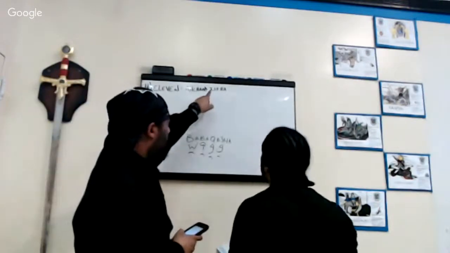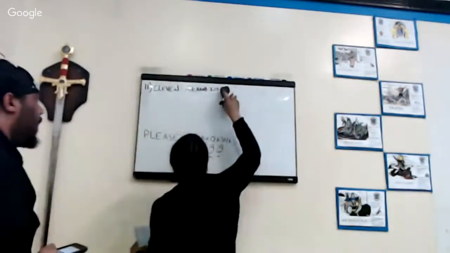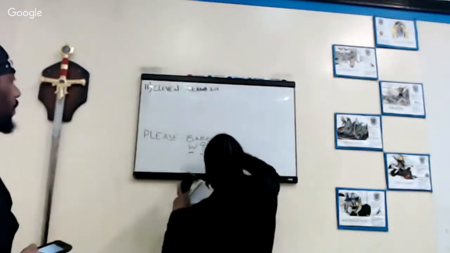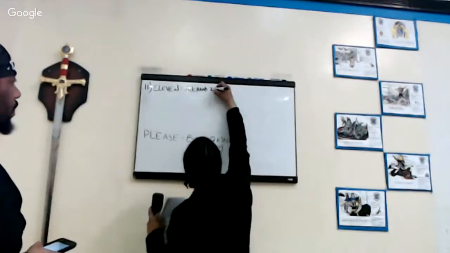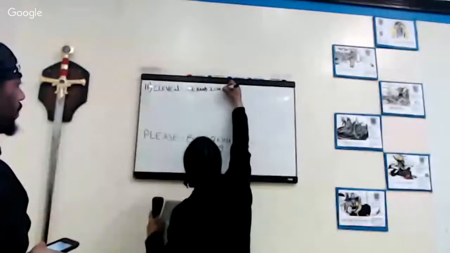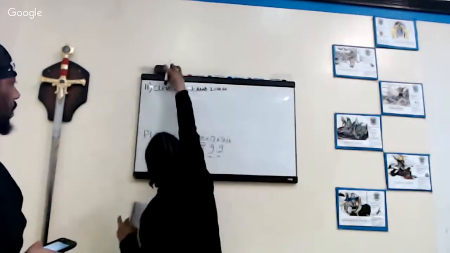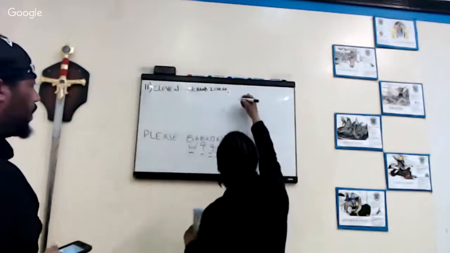What is this? Aisha. Okay. Now you want to write it out in ancient print.